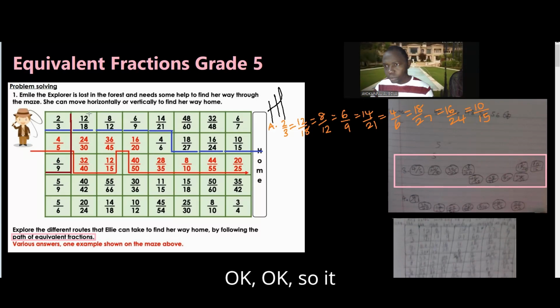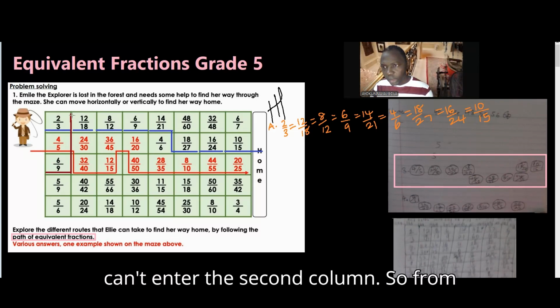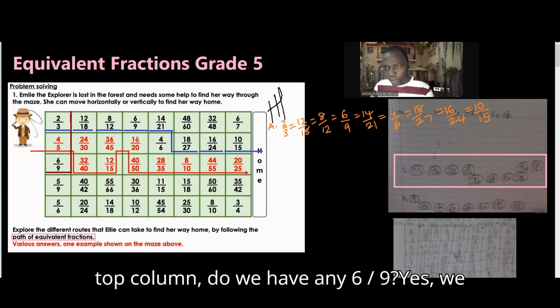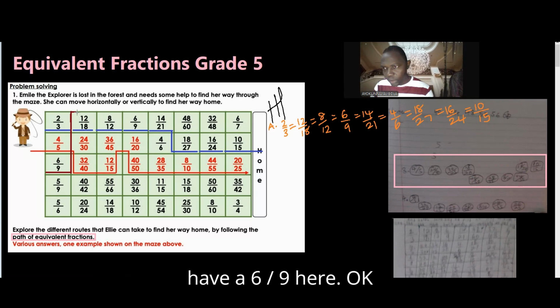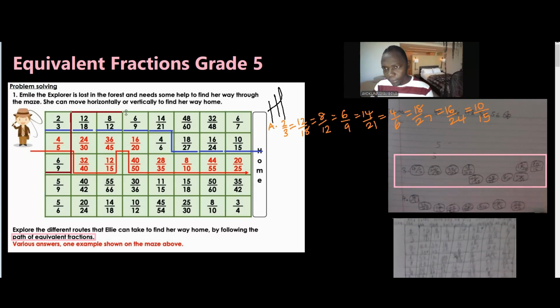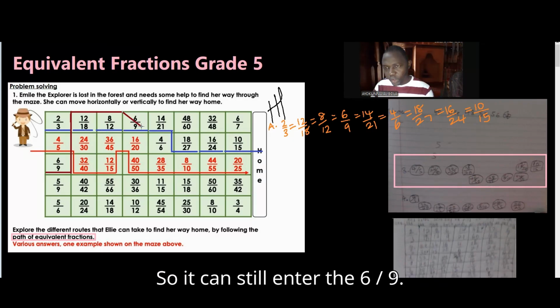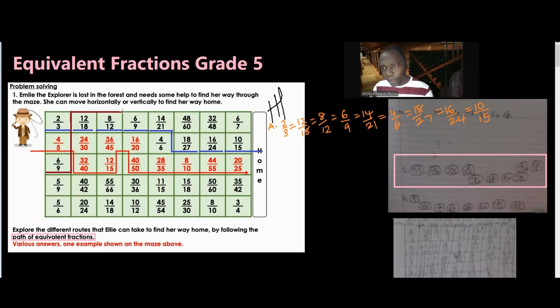Okay, so it can't enter the second column. So in the third column, do we have any 6 over 9? Yes, we have a 6 over 9 here. And that's where we started from. So it can still enter the 6 over 9.